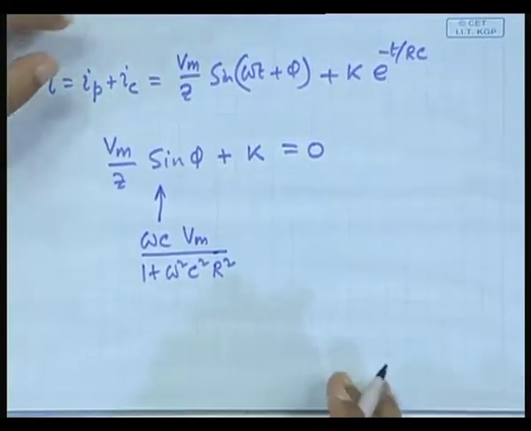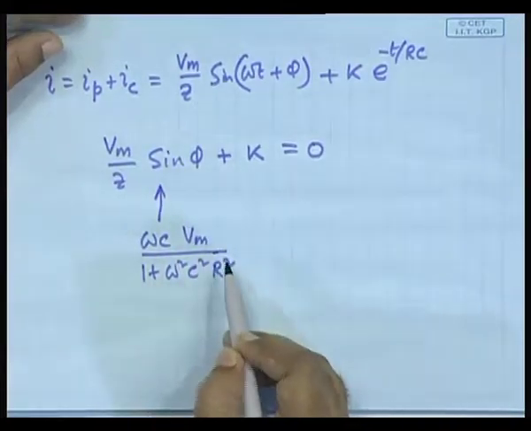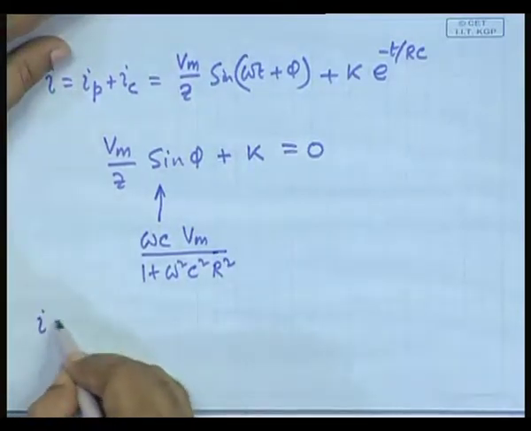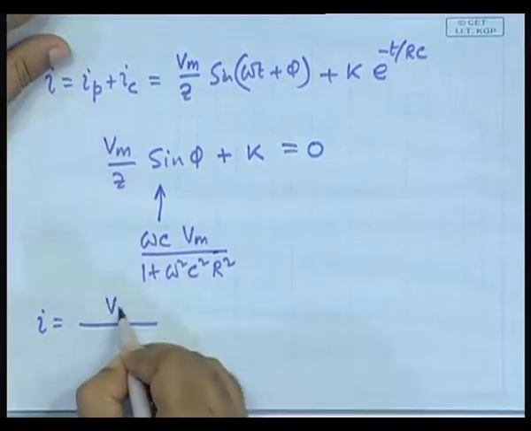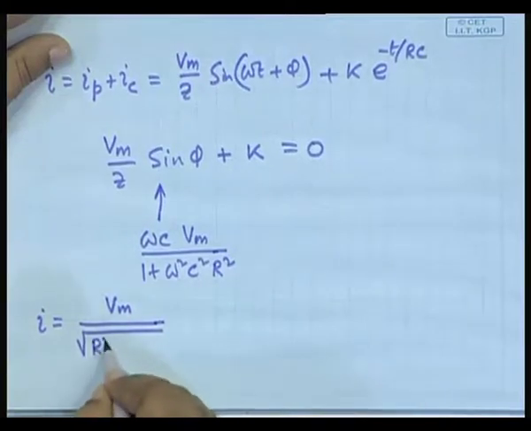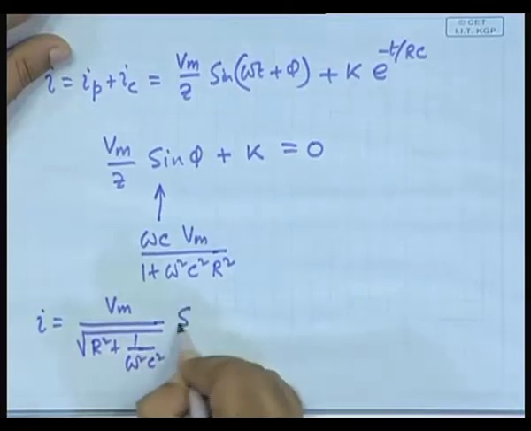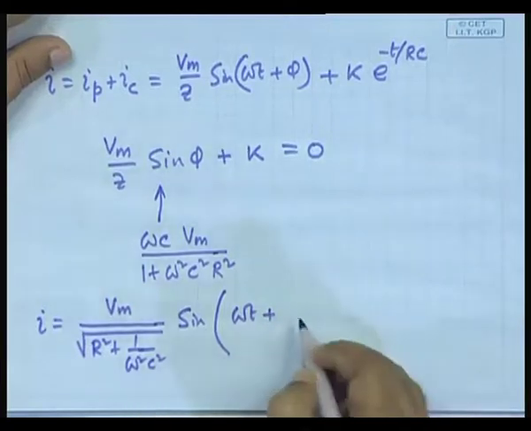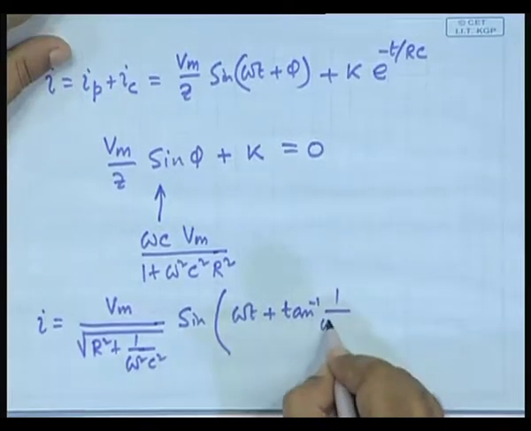Fine. So, you have k as minus this, and therefore the actual total current will be I equal to I p plus I c, which is V m divided by Z, which is the square root of r square plus 1 by omega square c square, times sin omega t plus phi, where phi is tan inverse 1 by omega r c.